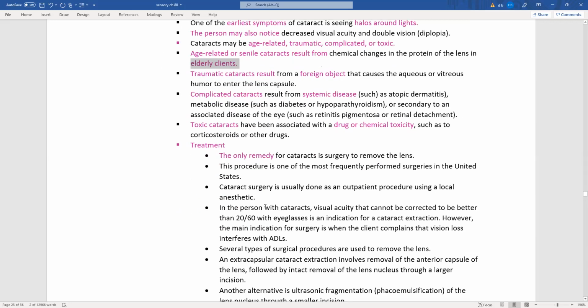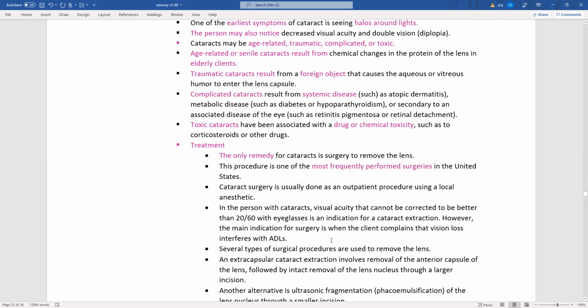Okay, so with the treatment, the only remedy for cataract is surgery to remove the lens. This procedure is one of the most frequently performed surgeries in the U.S. It is usually done as an outpatient procedure using a local anesthetic.